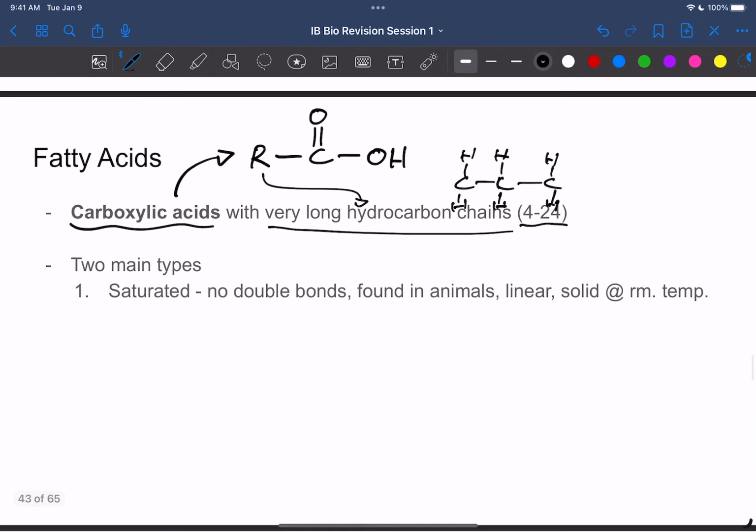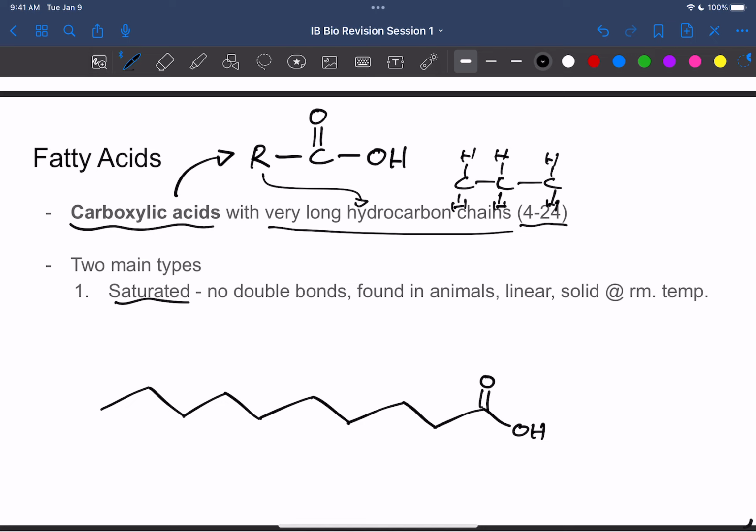So there are two main types. Saturated, you need to know how to draw this. The number of carbons on this doesn't matter, as long as it's between like 10 and 20, just a large enough amount such that it looks like one, then you're good. Saturated means there are no double bonds.